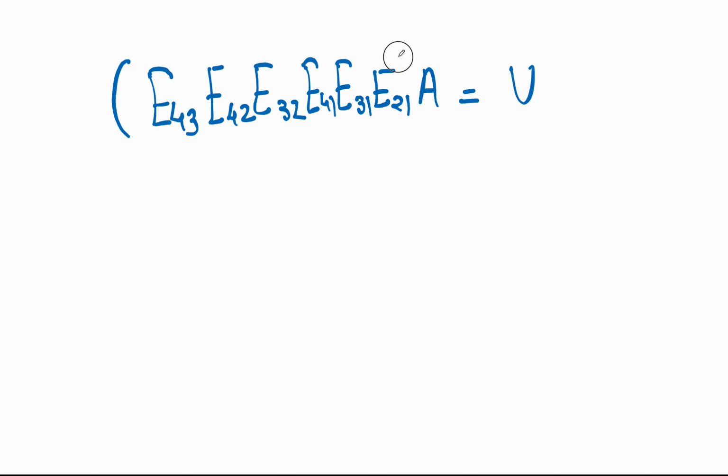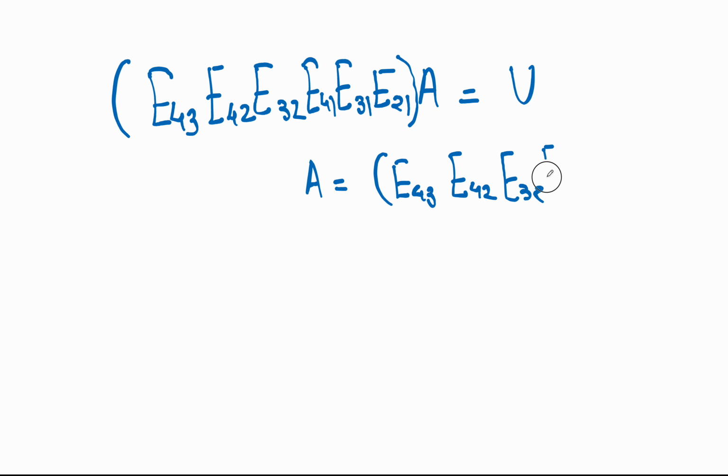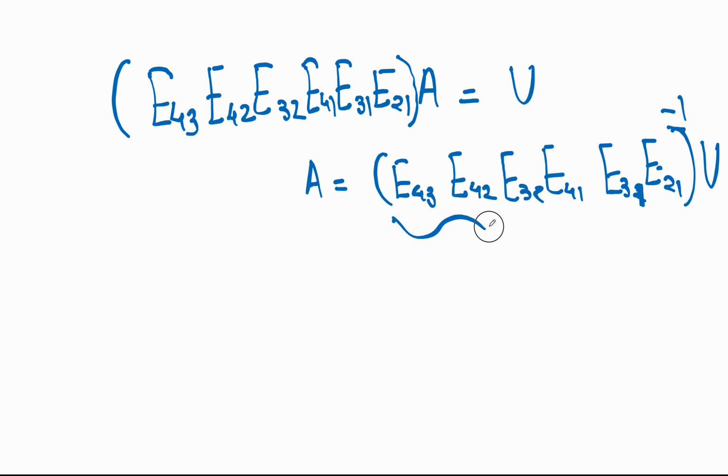Now if we see this collection of the operations that we performed, we can write A is equal to E43, E42, E32, E41, E32, E31, E32, E21 inverse U, and this is nothing but the lower triangular matrix that we are looking for, and we'll see which case matches.